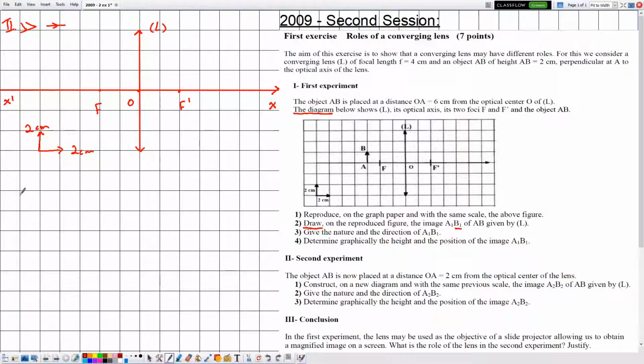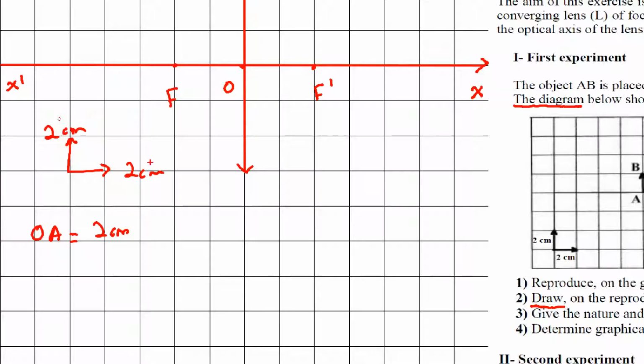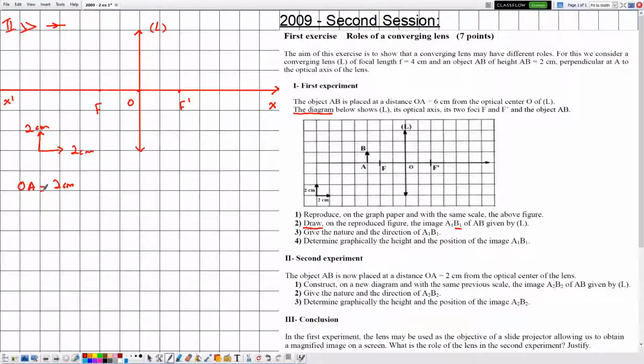Here they gave us that OA is equal to 2 centimeters. So we need to locate the point A. Because we are putting data along the x-axis, we divide by the scale along which we are putting data. Dividing by 2 centimeters will give us 1 division. Then we know that the point A is 1 division away from O. So this is the position of the point A.